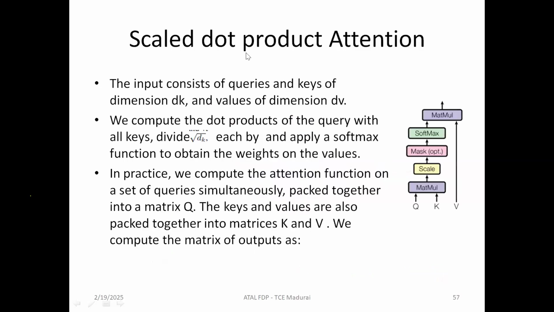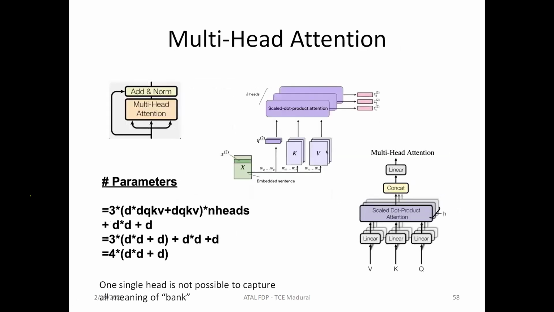Then we do the scaled dot product, scaling all the dot products of the attention, where the queries and keys are sent here, and this value is also sent here. Then we divide that value by the square root of d_k, and then you will get the output, right? So this is the simple transformer model where we are making use of multi-head attention.